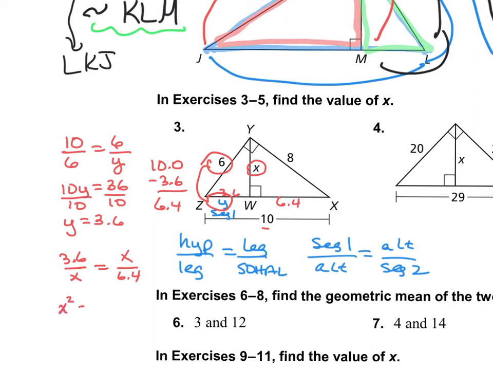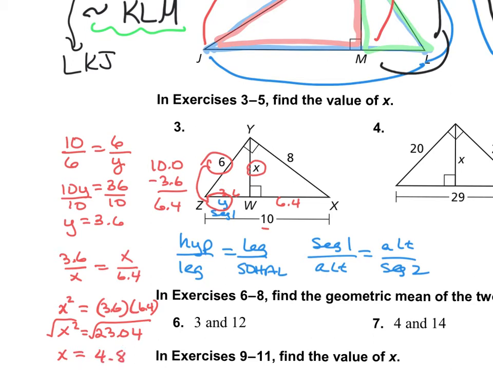I get x squared equals 3.6 times 6.4. When I multiply that, I get 23.04. I need to find out what x is, so I'm going to square root it. Once I square root that, I get 4.8.